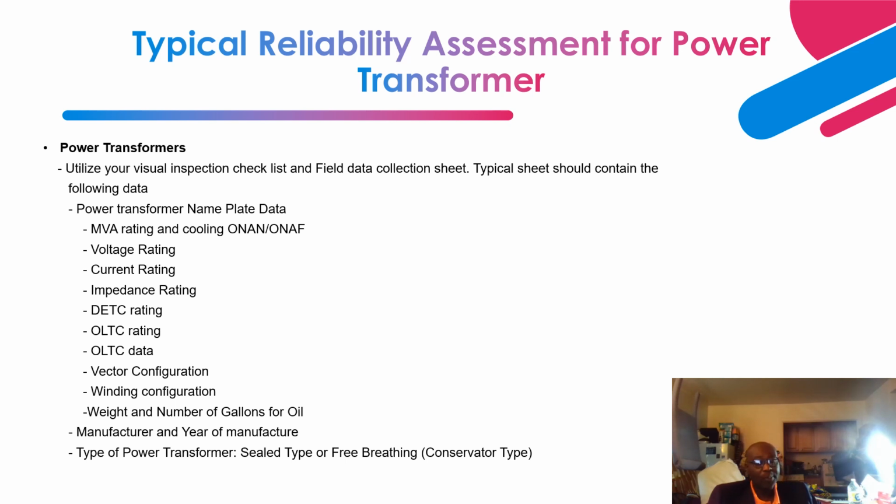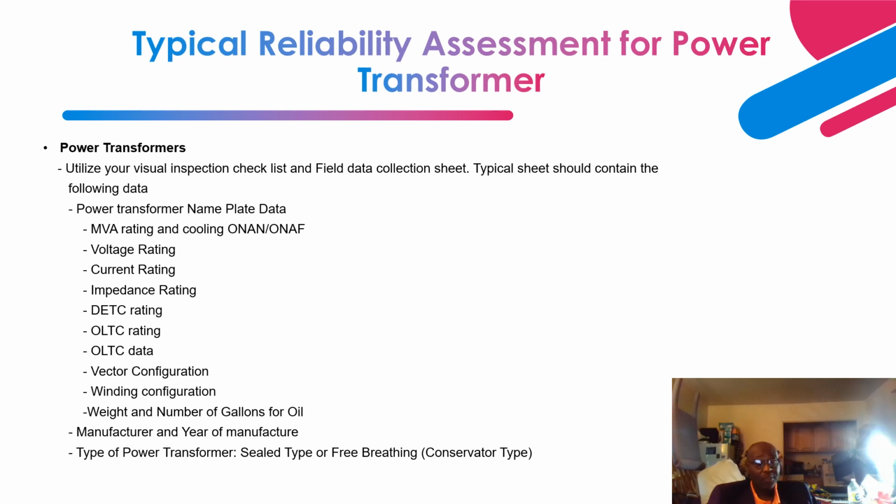The number of gallons of oil is very important because it helps you calculate whether your transformer containment can contain the amount of oil if there should be an oil spill if that transformer should fail.